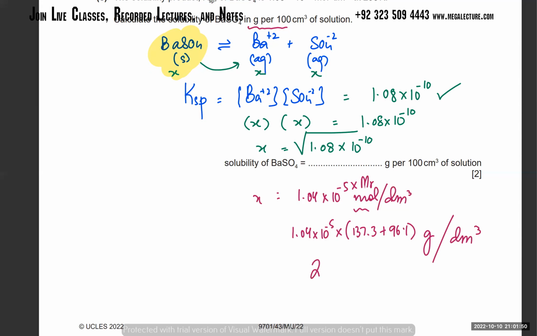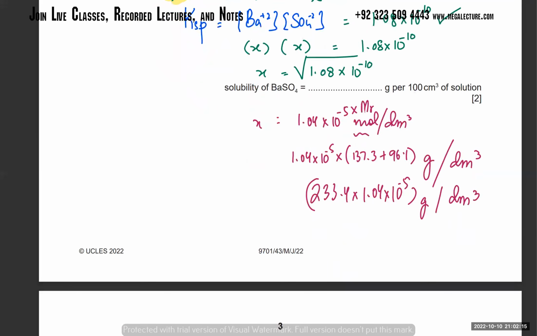Okay, that's 233.4 and that's going to be multiplied by moles, that's 1.04 times 10 to the power minus 5, right? So how many grams do you get per dm cube? 2.43 times 10 to the power negative 3, right?